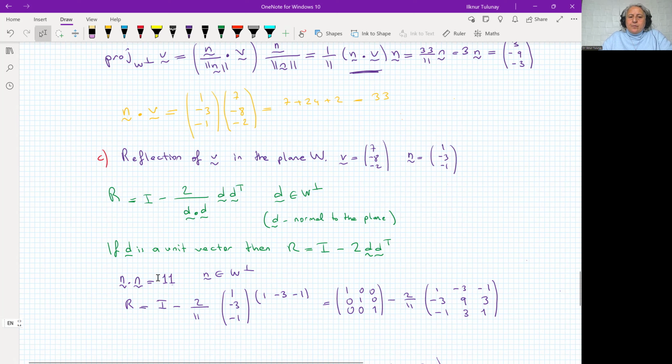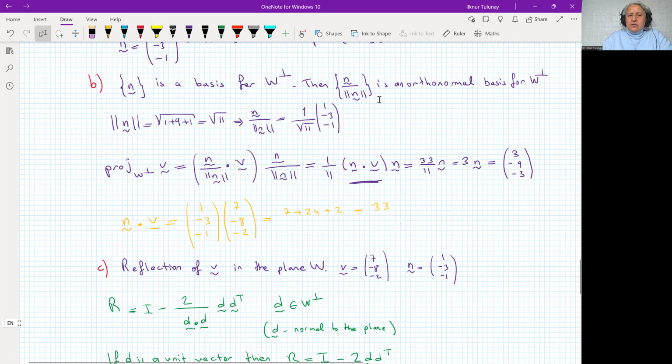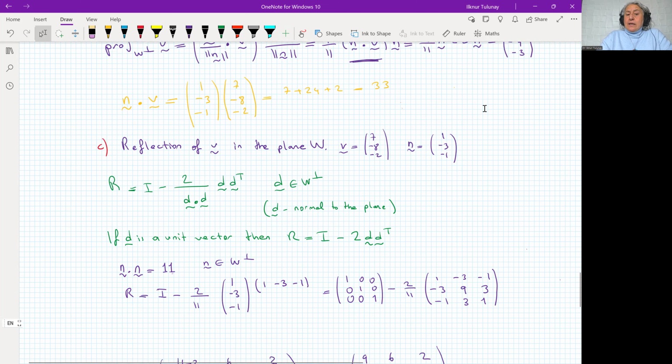And we know that n over the length of n is the unit vector. This is what we found, right? This is the unit vector because we normalized the normal vector.